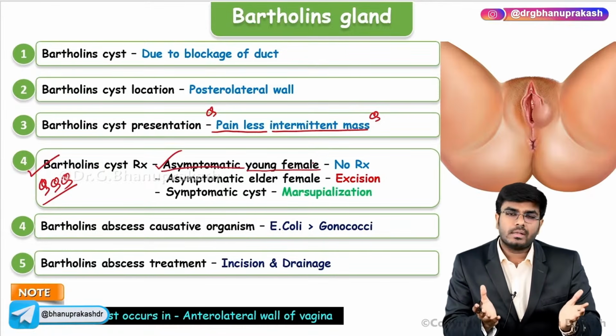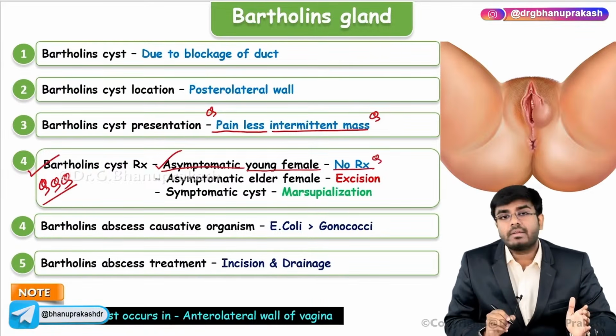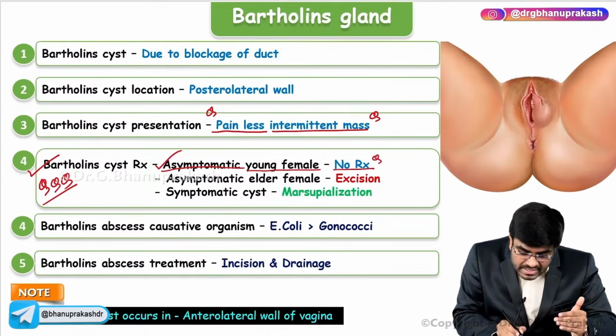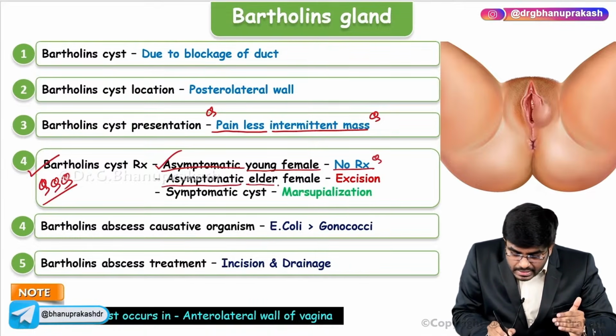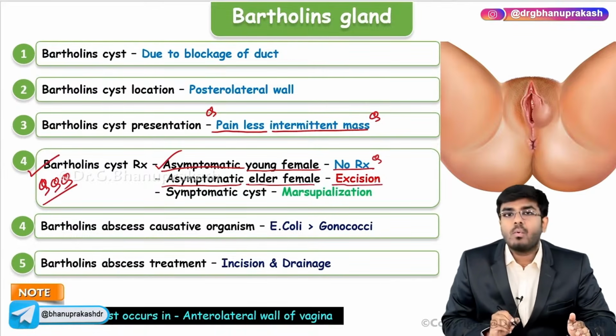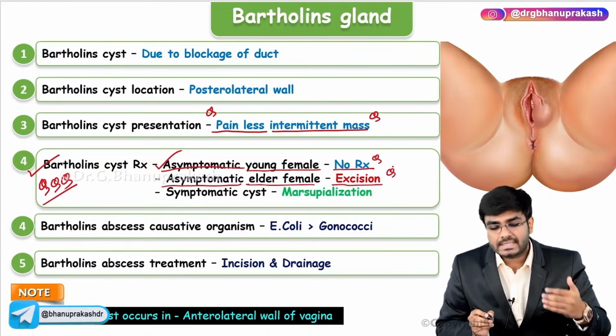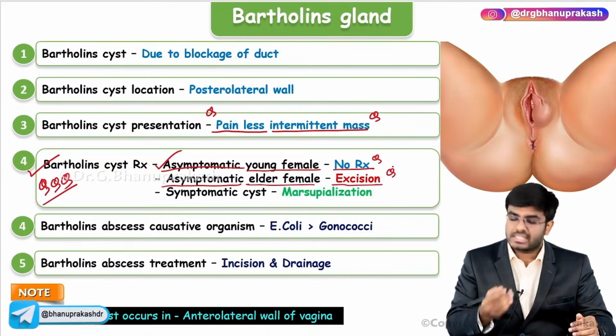This is common, nothing much to do, so no treatment is required. Now the same asymptomatic cyst in an elderly female: what do you have to do? Excision. Why are we doing excision? Because there is a risk that this cyst may turn into cancer. That's the reason we do excision.